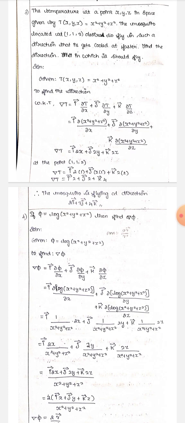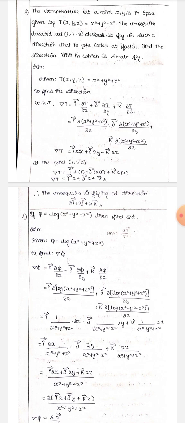The i vector term, we first differentiate with respect to x. The derivative of x square is 2x. The second term, differentiating with respect to y, is 2y. The third term, differentiating z square with respect to z, gives 2z.